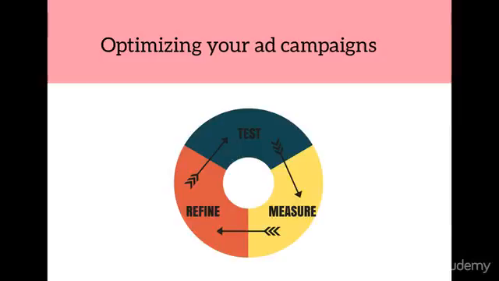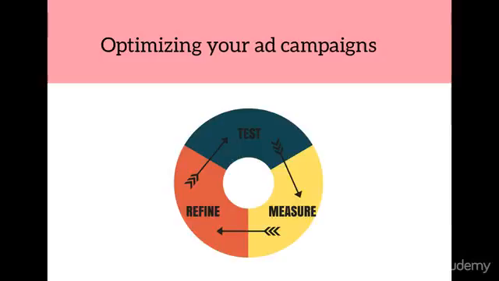So in this circle, we have a repeated process we go through to optimize any campaign, and that's testing your campaigns in a considered and comparable way and measuring the results. So it's really clear which one's performing the best, and I'll be talking about the metrics that we'll be measuring along the way.